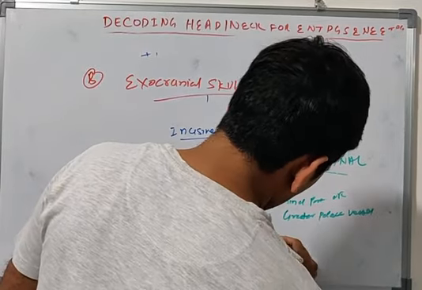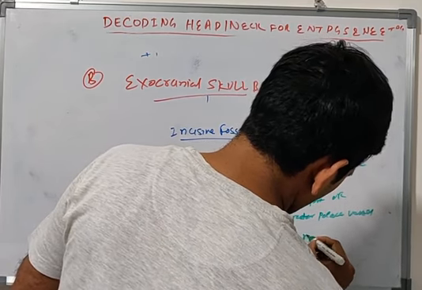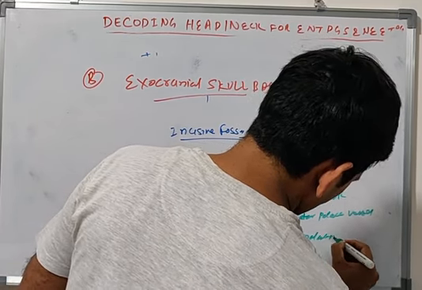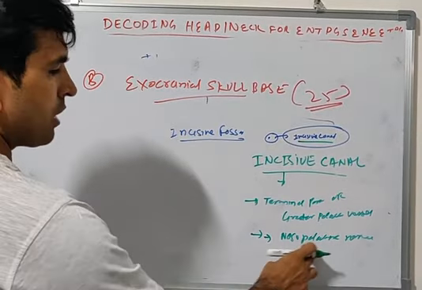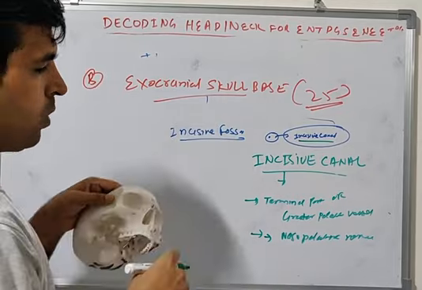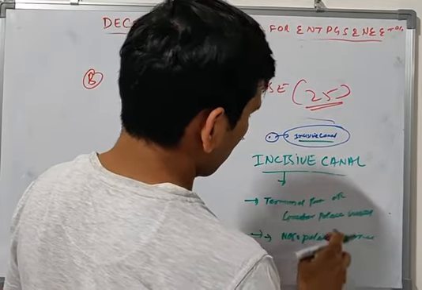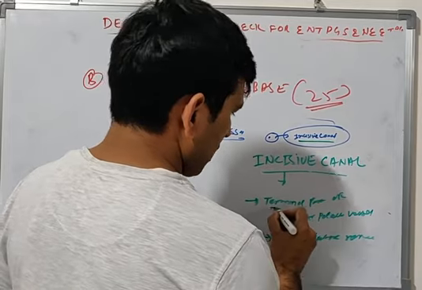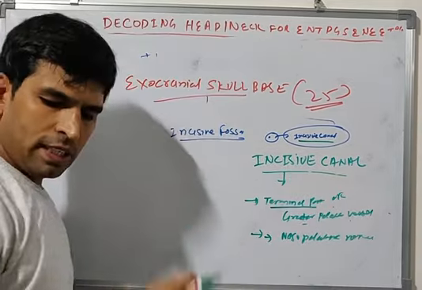This is called the nasopalatine nerve. This is part of the pterygopalatine ganglion. This nasopalatine nerve comes through the incisive canal from the nasal side to the palate side, while the terminal branch of the greater palatine vessel goes through the palate to the nasal side.